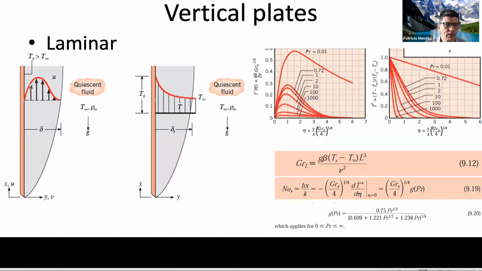As we get farther from the plate, velocity increases, much the same as every other boundary layer we have seen so far. Except now it gets interesting. When we go back to infinity, velocity is 0 again, because it's what we call a quiescent environment, a quiescent fluid. So it only moves when it's near the vertical plate. After it has reached some maximum velocity, it starts to come down again until it goes back to 0. So this boundary layer is different than the boundary layers we have seen before.